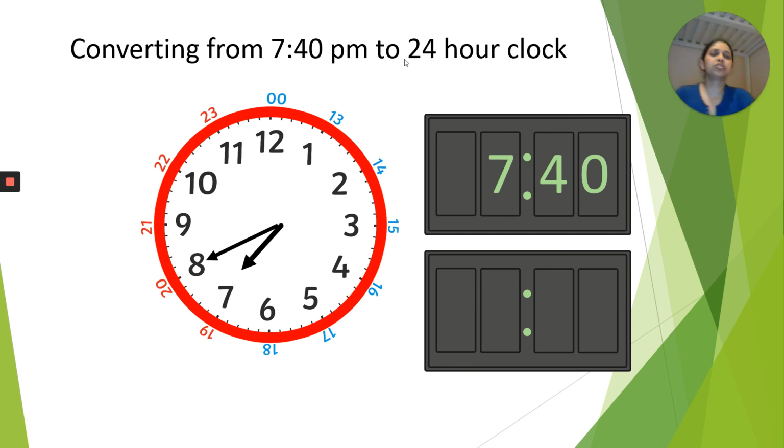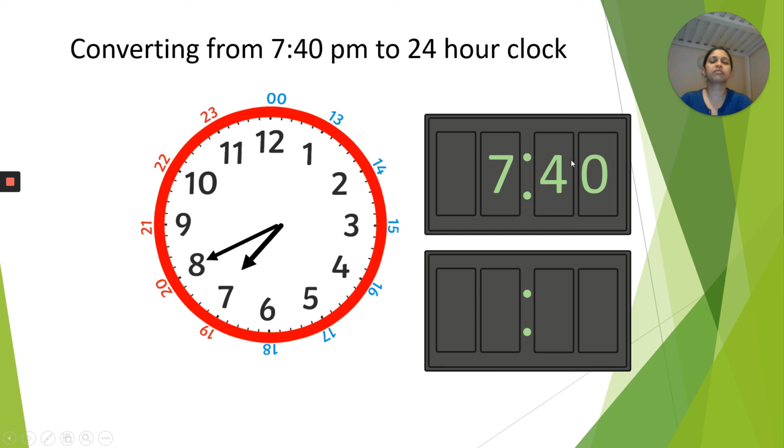But what I would like you to do is make up 2 times on your piece of paper, any 2 times in the 12-hour clock. You need to write your times in 12-hour and convert them into 24-hour clock.